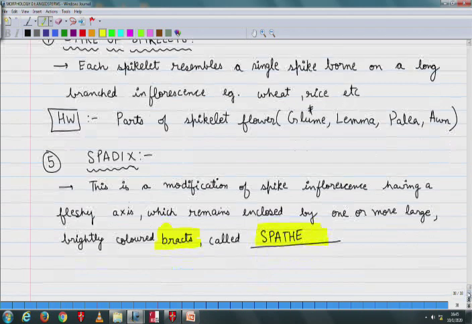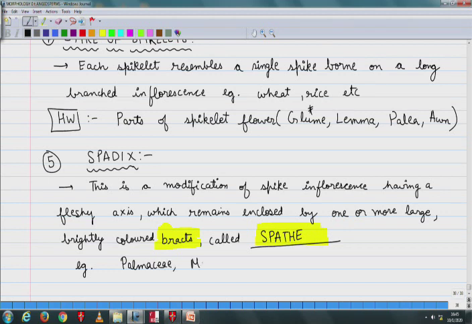There is one more thing. It can be colored also. It can be green also. Spathe is generally found in Palmaceae, Musaceae. Musaceae is banana family. Palmaceae is palm family.